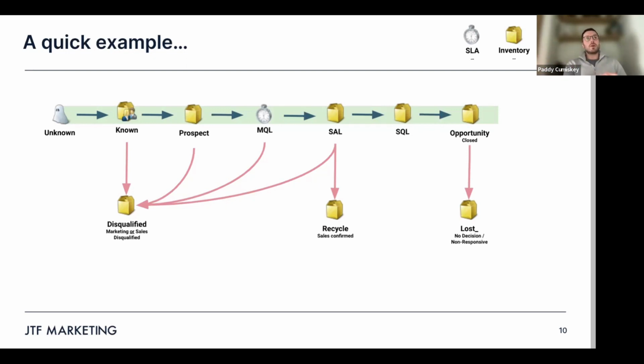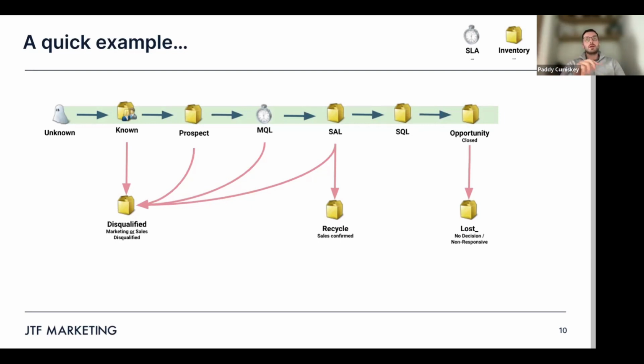But as you can see, there's some red paths we call detour phases underneath, where we've got disqualified, recycled, and lost. And of course, this should be tailored to suit your business. So you might be looking at these and say, actually, that prospect box, we don't really do that. So names can be changed, stage types can be changed.